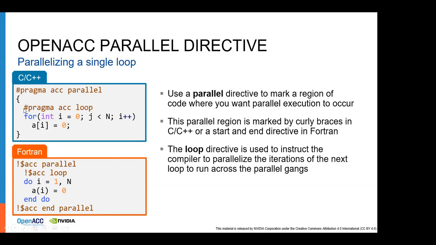Simply, if you do not have this pragma ACC loop, if you are not work sharing it, what this ACC parallel will do is run in parallel, but it will run the same loop, all iterations, on all functional units.